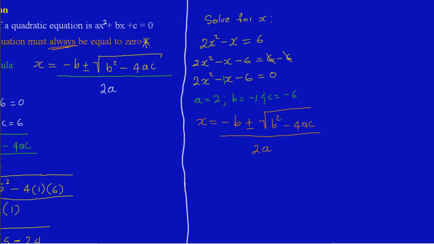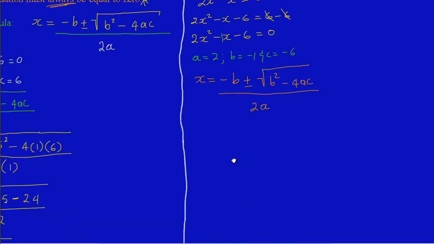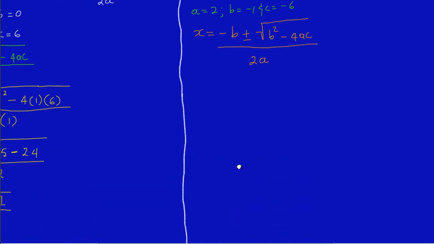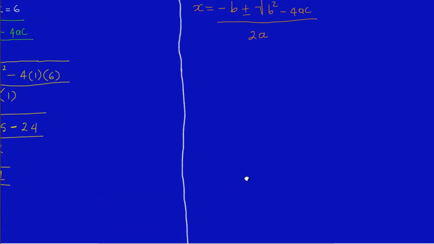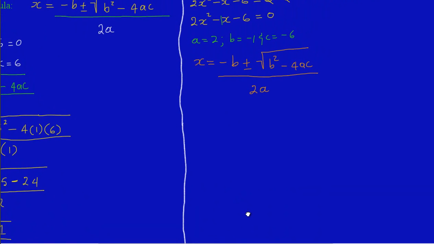Let's get some space here so that we have room to work with. Now, basically we're just going to be substituting values. So x is equal to minus, remember there's a negative sign in front of the b, so I have to put back my negative sign.